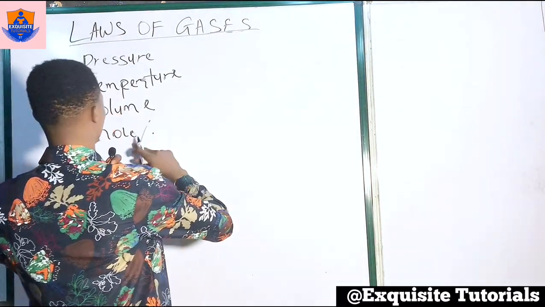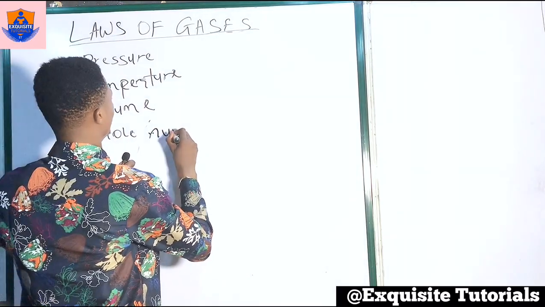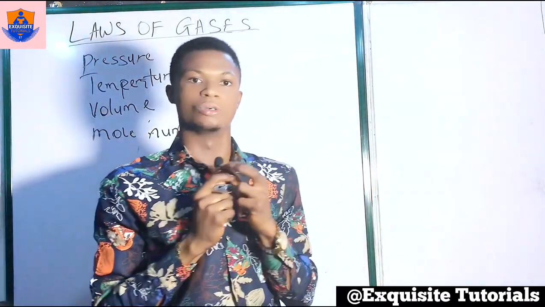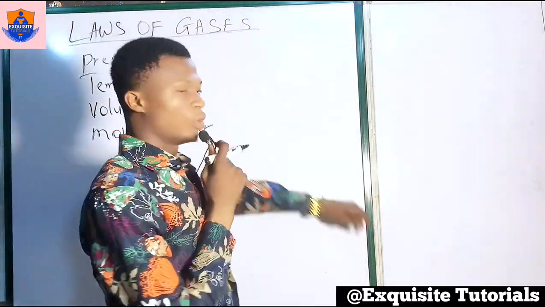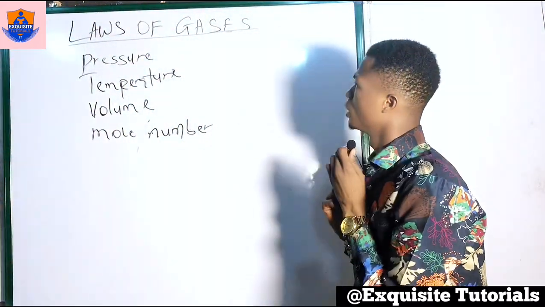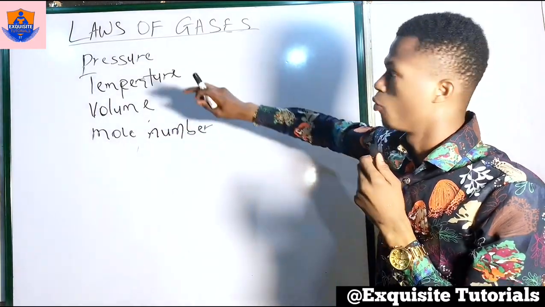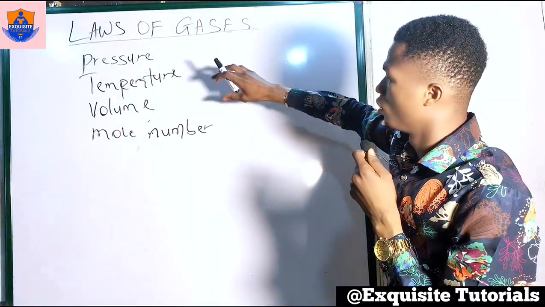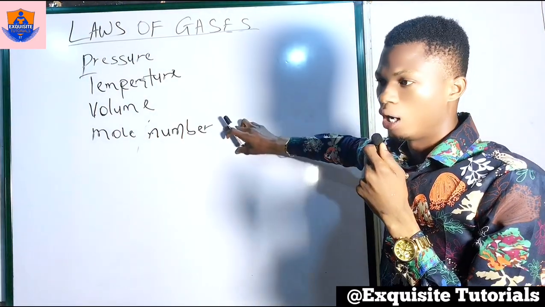Just leave it as number of mole or mole number. Now, for you to be able to solve all calculations involving gases, you have to be aware of these four major things: your pressure, your temperature, your volume, and the number of mole.